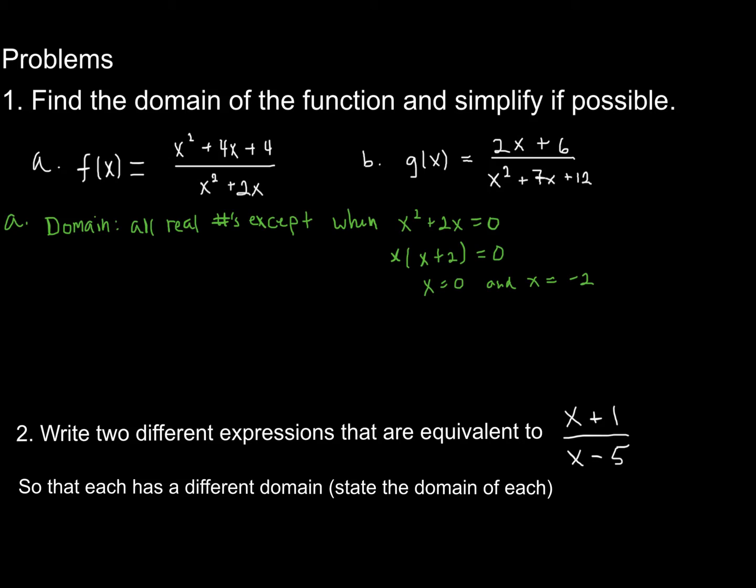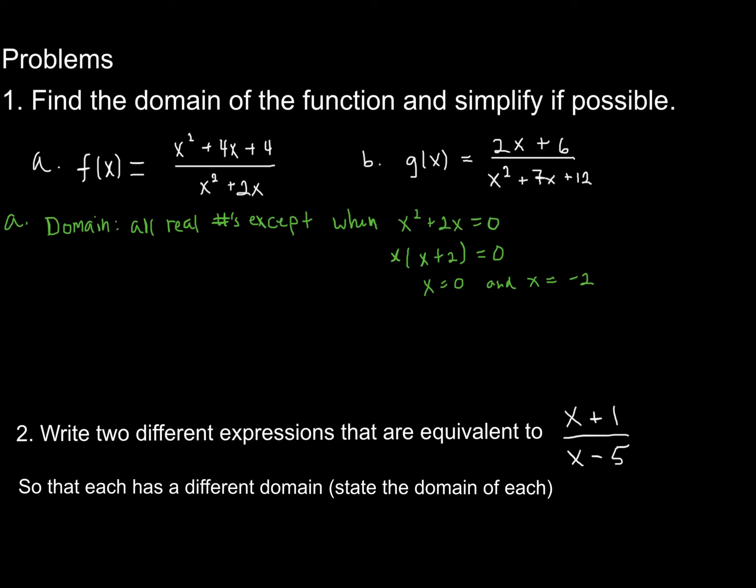So looking for the domain, we know that the domain are all the x values except any that make the denominator equal to 0. So we have all real numbers except when our denominator equals 0. And when we set our denominator equal to 0, we can solve by factoring, and we get x equals 0 and x equals -2.